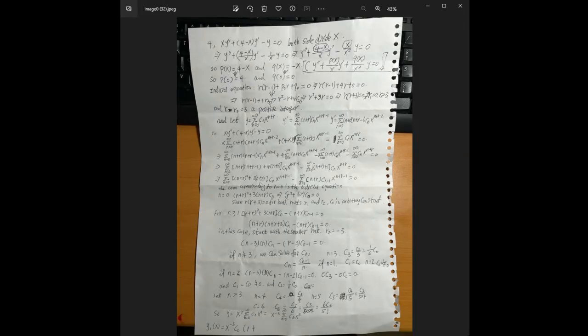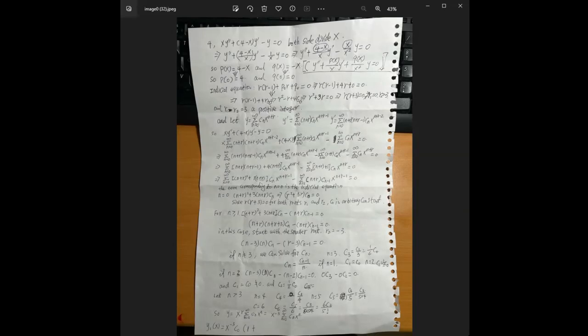So if n is greater than 3, if n equals 4, we have this one. For n equal 5, C5 is this term, and C6 is over here. But we figure out that we have C just up to here.